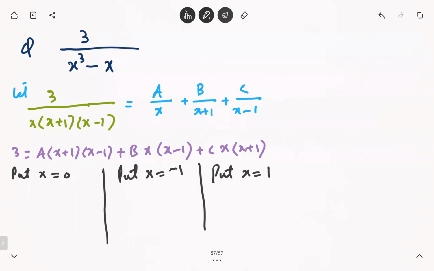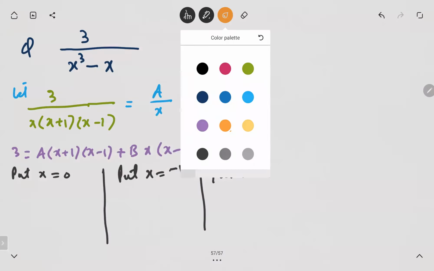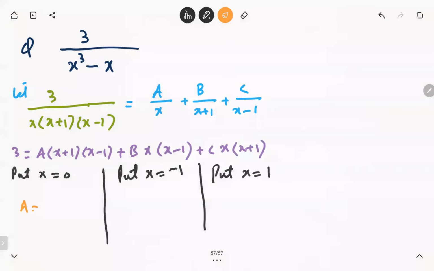A is -3. What is B? 3 by 2. And C is also 3 by 2.